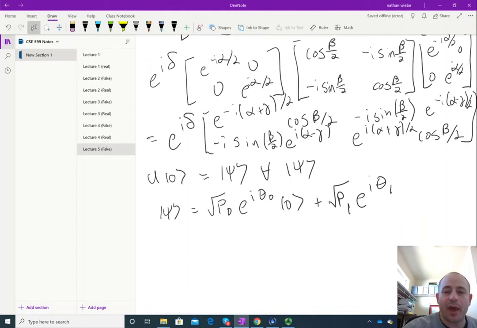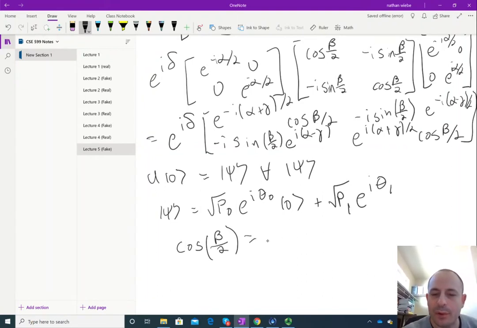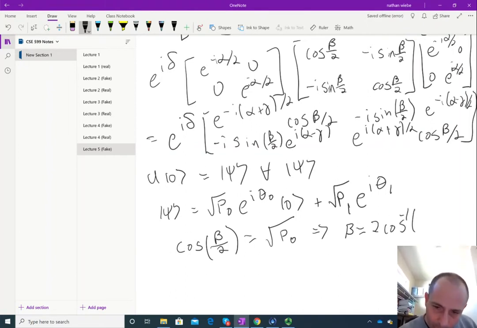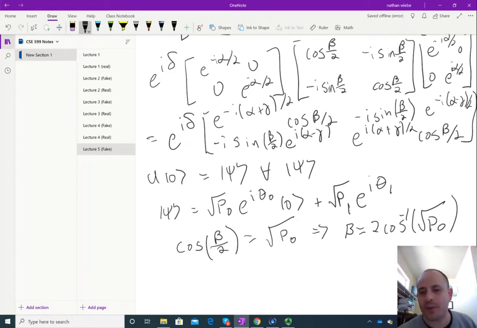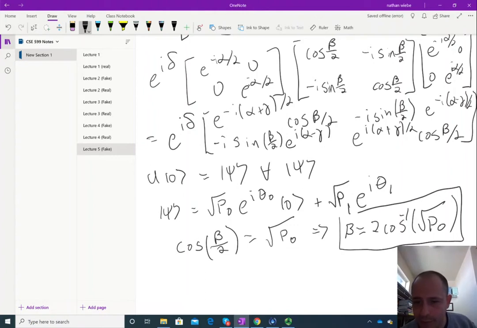We need cosine(beta/2) equals square root of P0 in magnitude. Effectively, this implies that we can pick beta equals twice the arc cosine of the square root of the probability.